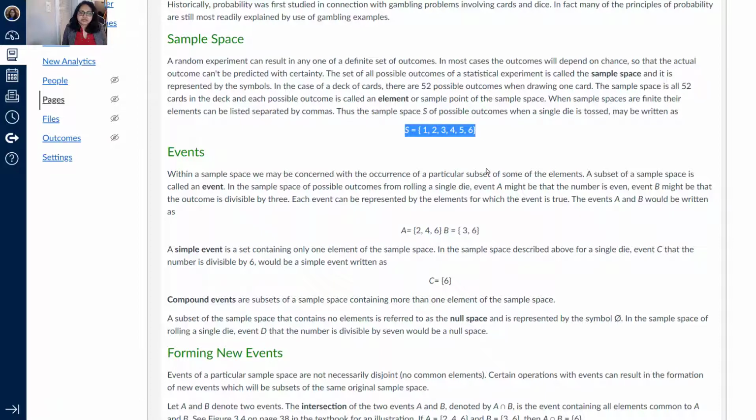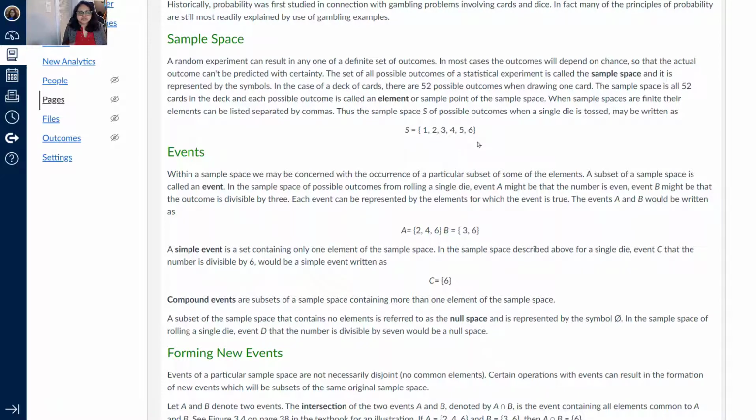Again, whenever you are talking about the sample space, you need to think about what the outcomes are. Let's say in a tree survival case, a tree could be live or a tree could be dead. What's the possibility that a particular tree will be dead next year, or it will survive?